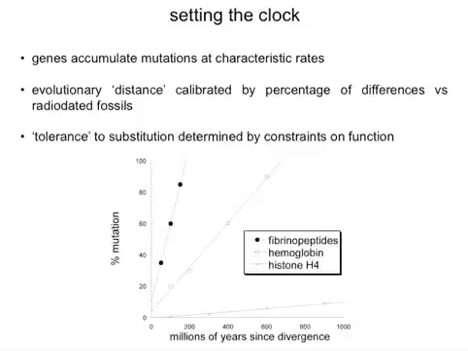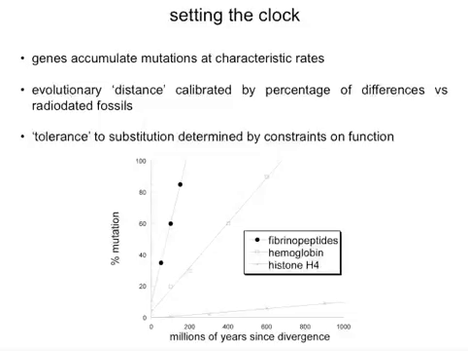So when we compare plant sequences to animal sequences, we can place on our x-axis here the number of million years since divergence for those two groups of organisms, plants versus animals in that case. So we can calibrate an evolutionary distance, that is time, by the percentage of differences that we see between sequences, plotting those against the fossil record timeline.